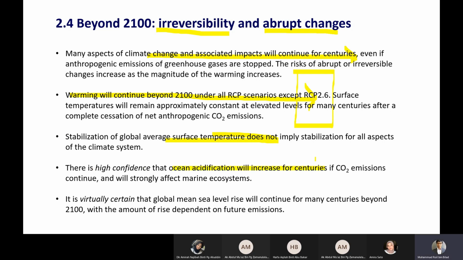Ocean acidification will continue. The reason is that the absorption of CO2 into the ocean happens slowly, so it hasn't reached saturation yet. The process of absorbing CO2 takes time, it takes years.